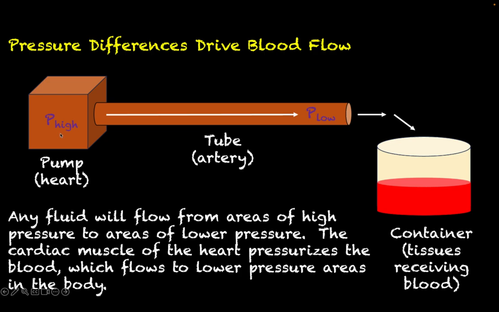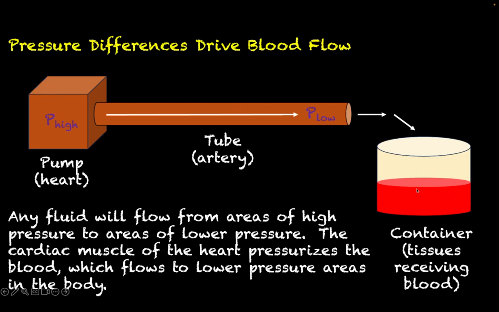And then the idea here, the physical explanation, is that any fluid, and that includes blood, will flow from areas of high pressure to areas of low pressure. So if you pressurize the blood that is in the heart, that high pressure is going to force the blood to flow towards the areas of low pressure. So that's going to include the arteries and the tissues. So when we pressurize that blood that is in the left ventricle of the heart, that blood will then shoot or move through the arteries to the different tissues here.